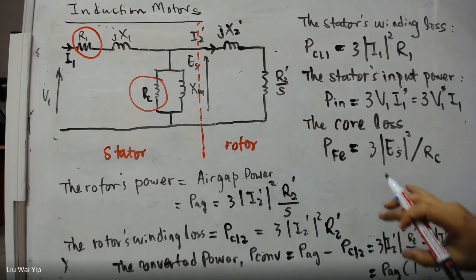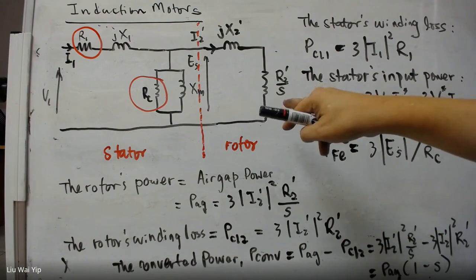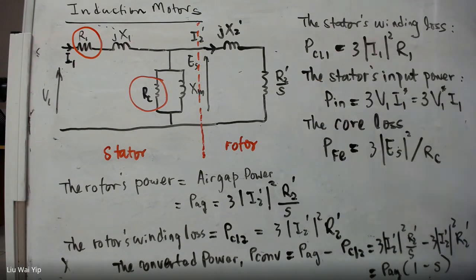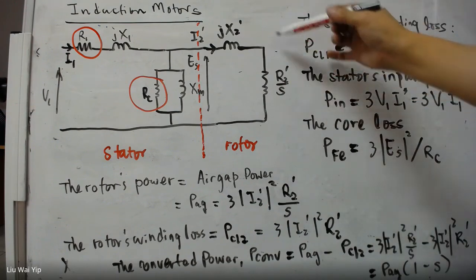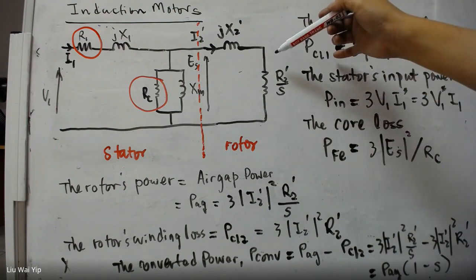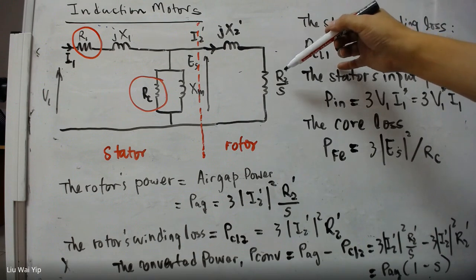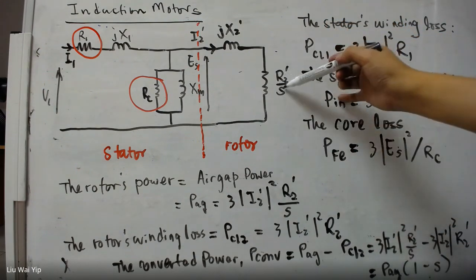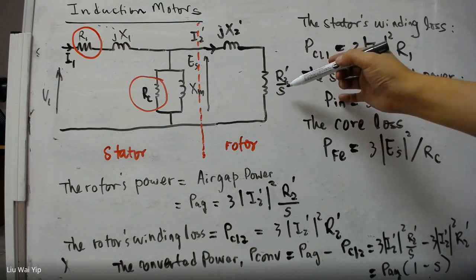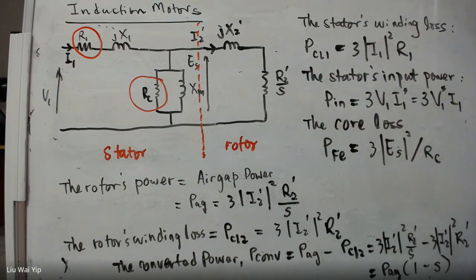And the only difference between the transformer and induction motor lies in the rotor. In the rotor, the impedance is dependent on the angular velocity, which in turn depends on the slip. But the transformer doesn't have this issue.